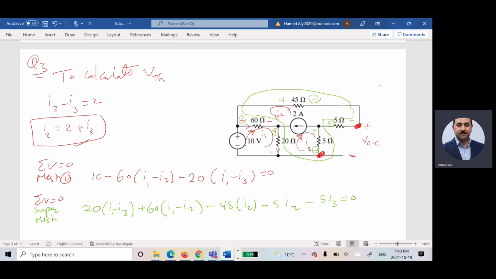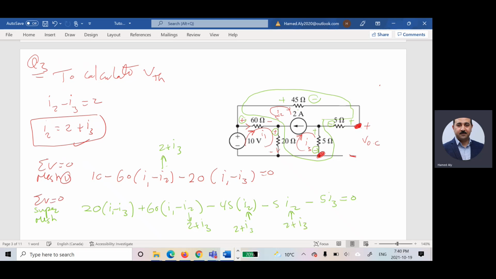Please don't forget I2 is substituted by 2 plus I3.